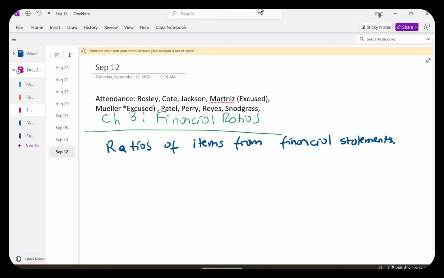Does that mean that we should go ahead and form all these ratios? That doesn't mean that we're going to form all these ratios.